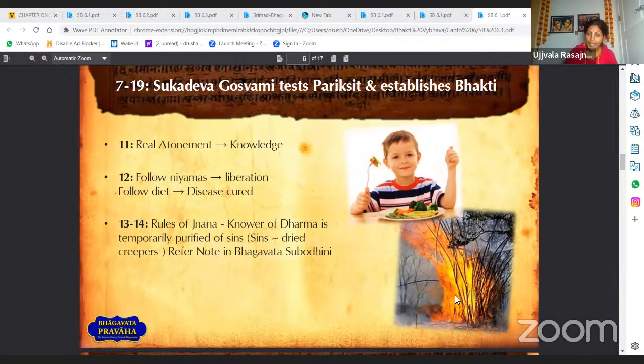Like that, in jnana, though a person has knowledge of what to do and what not to do, papa and punya, and he restrains himself from doing the papa, in this way, he tries hard not to commit sin.